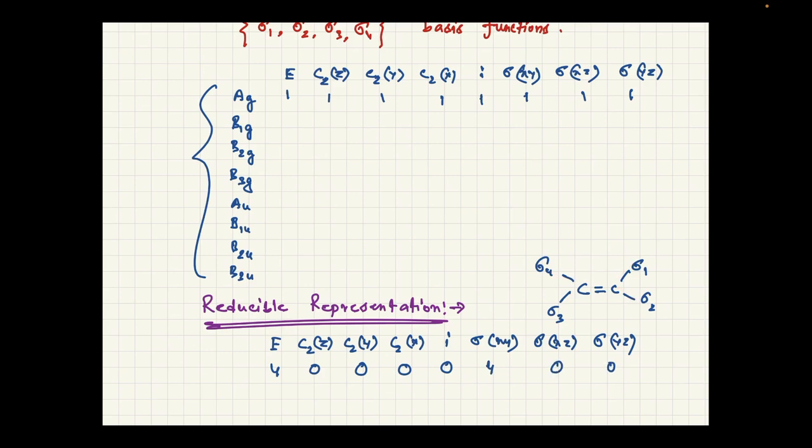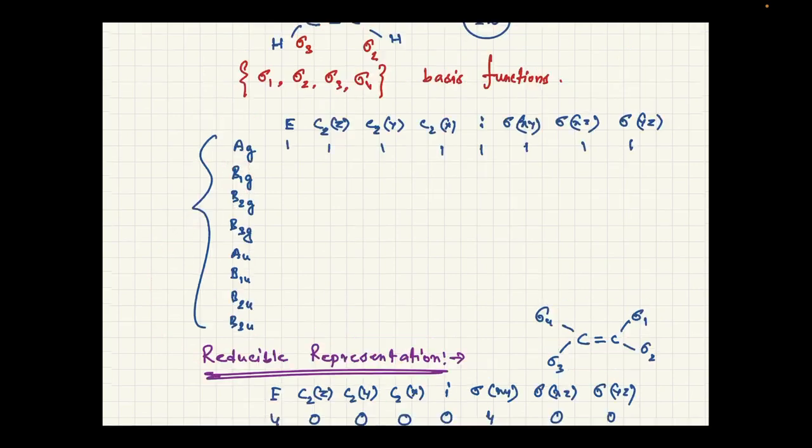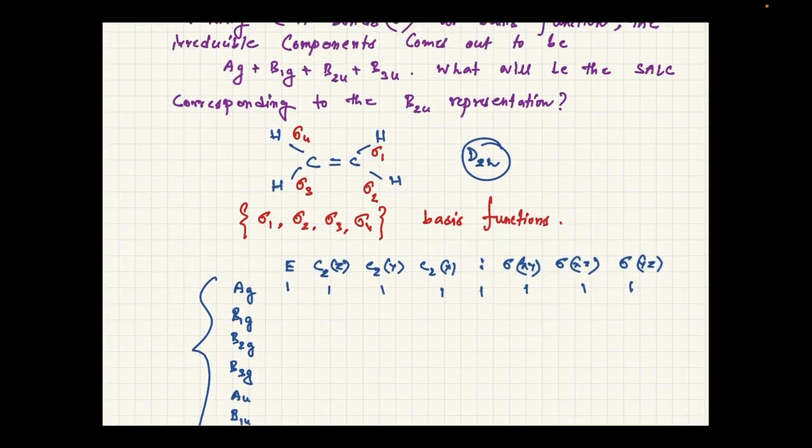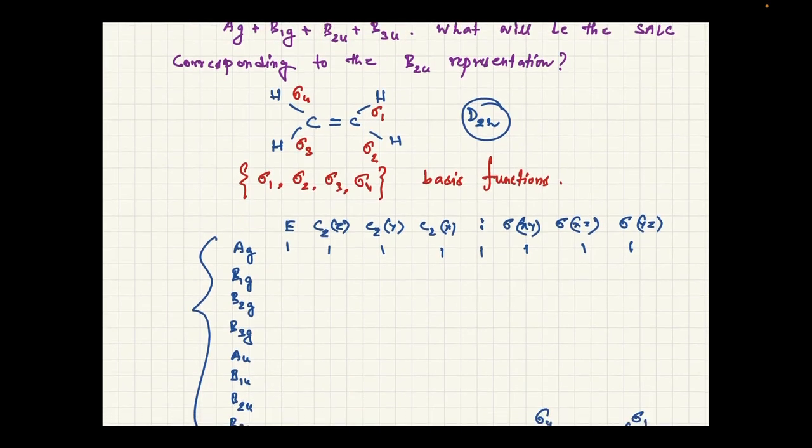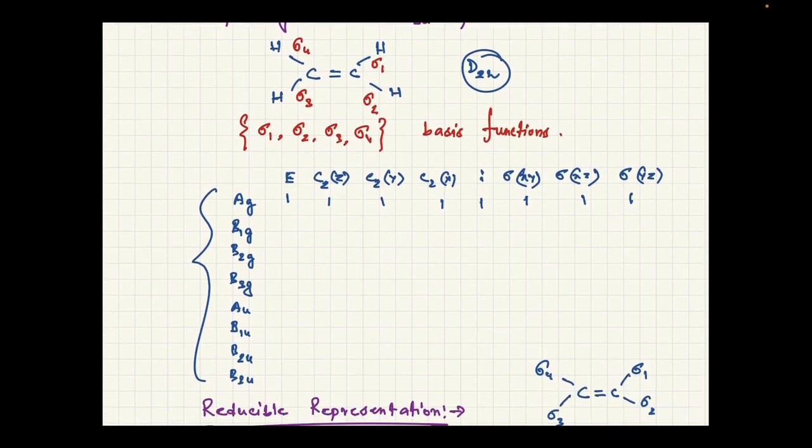Okay, now if you compute the contribution of each irreducible representation to this reducible representation, then you will get this particular combination: AG plus B1G plus B2U plus B3U. You can compute like this, right? Because we have seen the formula.